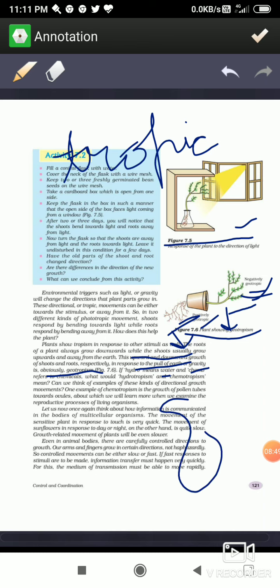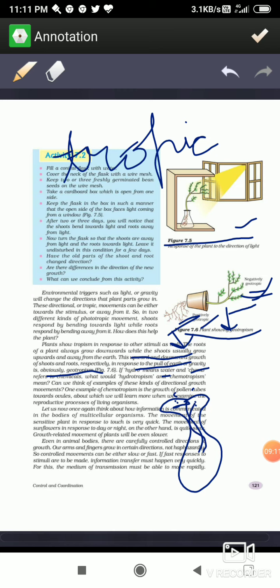this is the structure of the female reproductive part of the flower and we call it pistil. As soon as the pollens reach the surface of this stigma, these pollen grains start making pollen tube.